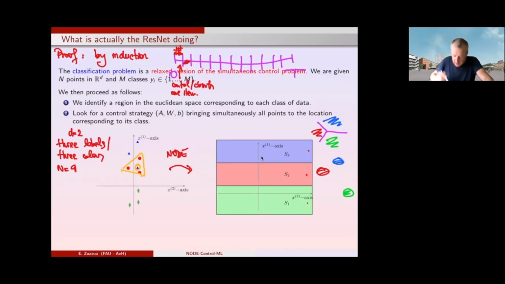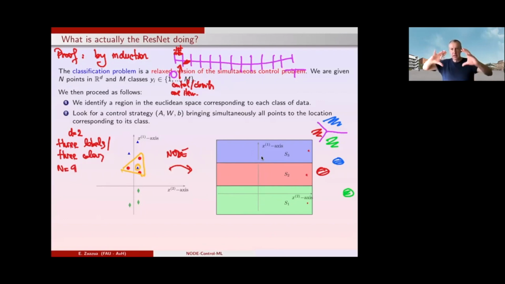So the goal is to build the neural differential equation that will be able to keep the reds where they stand in the intermediate band, keeping these 2 blues in the upper band, and keeping these 3 greens in the lower band, while extracting the blue out of this group. So you have to remove the blue and place it up.